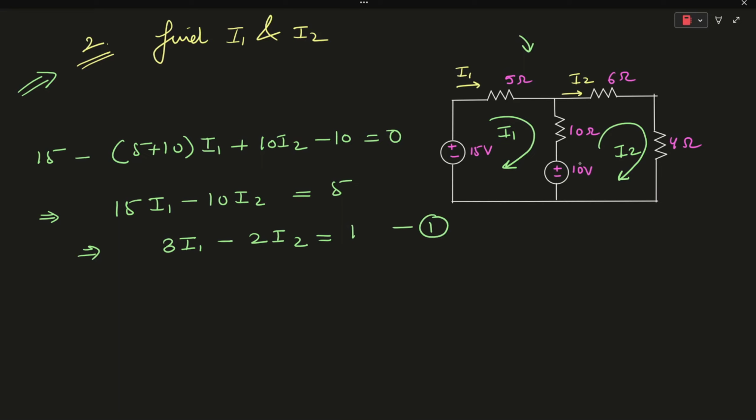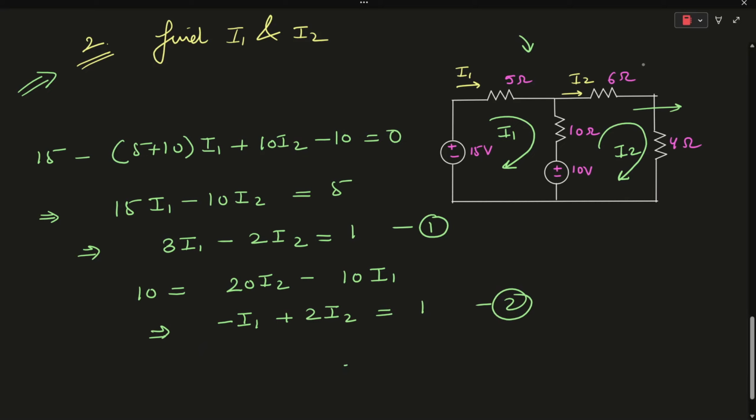On applying KVL in the second loop, 10 volts will be equal to 20 I2 minus 10 I1, which comes out to be minus I1 plus 2 I2 is equal to 1. This is your second equation.